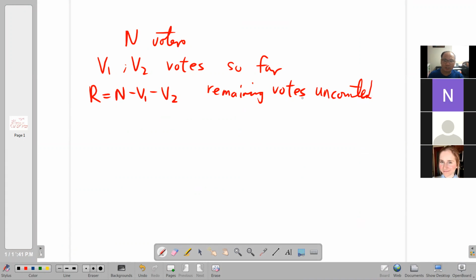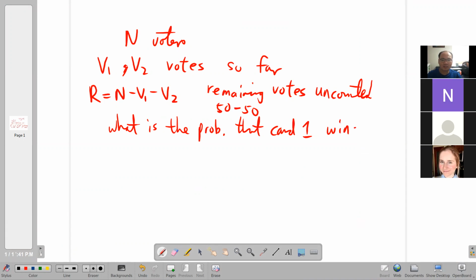And these votes are 50-50 for each candidate, okay? So you have to kind of flip a coin, I suppose. So the question is, what's the probability that candidate 1 wins the election?